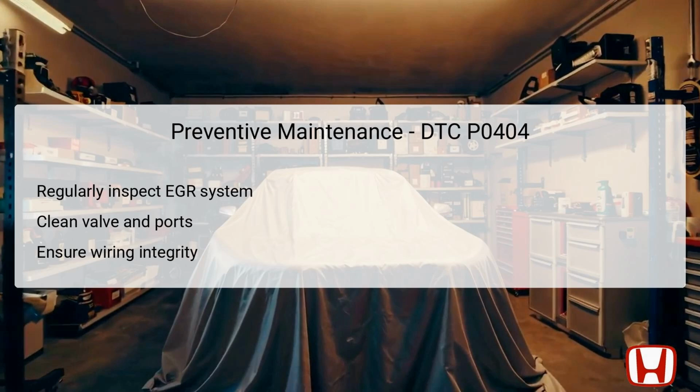Employing thorough cleaning at regular intervals can extend the lifespan of the EGR components, enhancing overall engine performance. Additionally, it is beneficial to regularly check the wiring and connector integrity to prevent issues associated with shorts or opens in the circuit. Incorporating these preventive measures can significantly reduce the likelihood of recurrences and maintain the vehicle's emission standards efficiently.